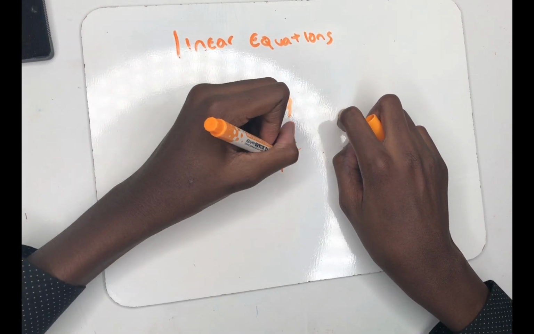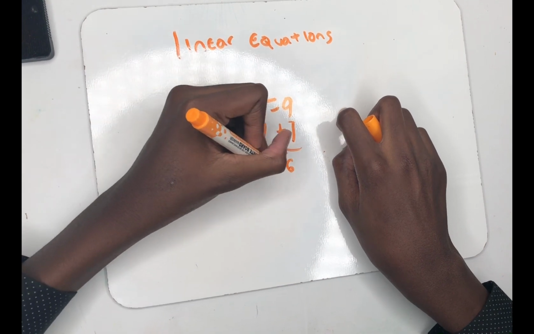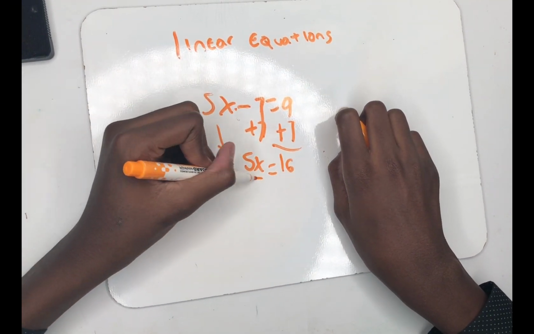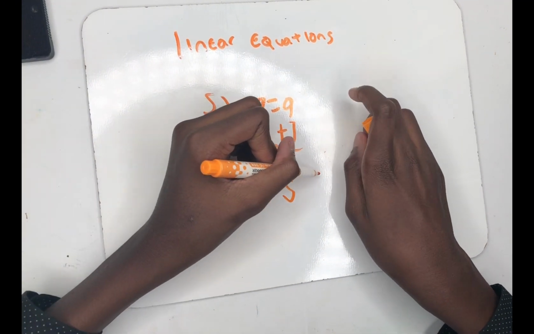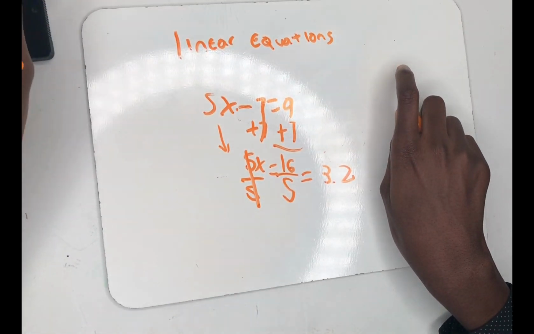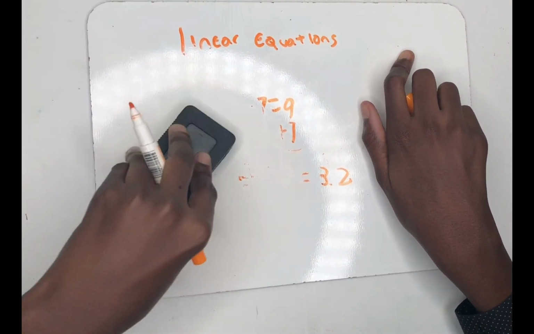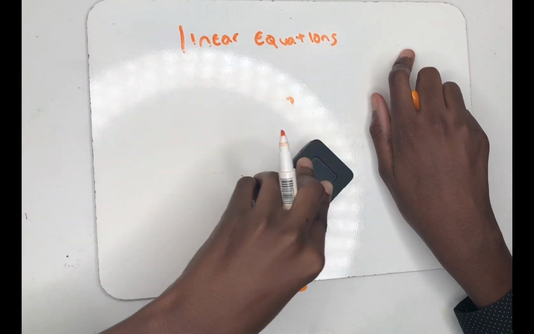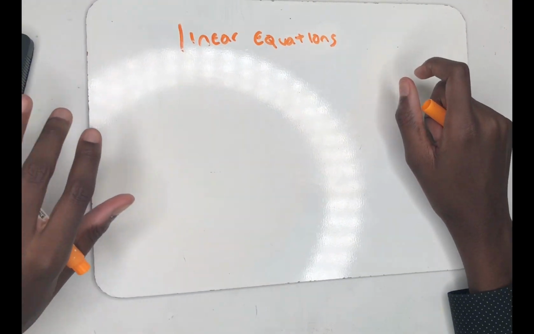That equals 16. 5x equals 16. And then 16 divided by 5, if you put it in a scientific calculator, should equal 3.2. If you don't want to do all the long division and the mixed fractions and mixed numbers, you don't need to do that. But yes, that's 2 ways to do it. It's either way how you want to do it.